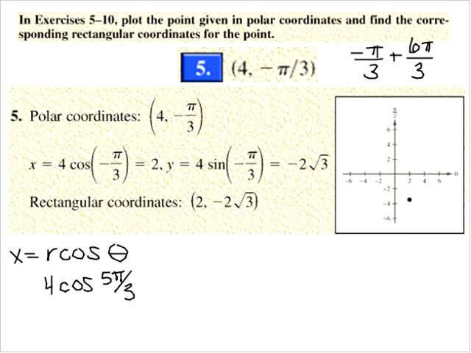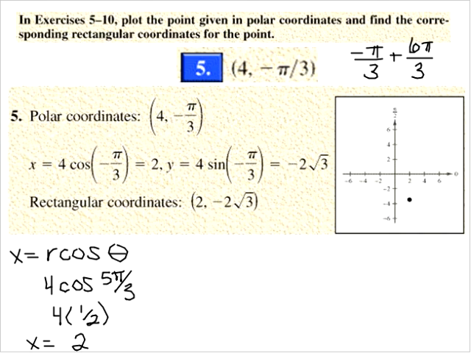And if you have your unit circle present here, you can see that 5 pi over 3, I think it's 1/2, but let me just make sure. 5 pi over 3, yep, is 1/2. So 4 times 1/2 is a positive 2. Good, so that matched up.